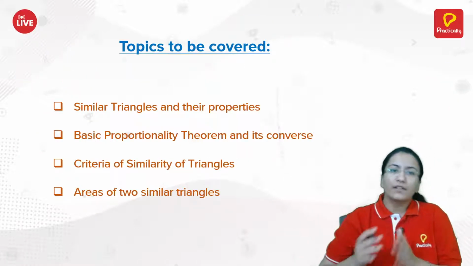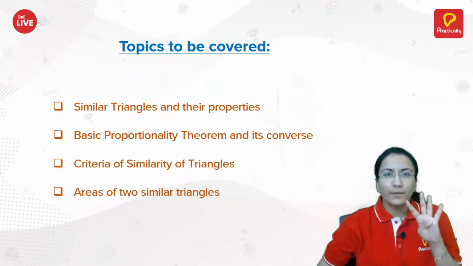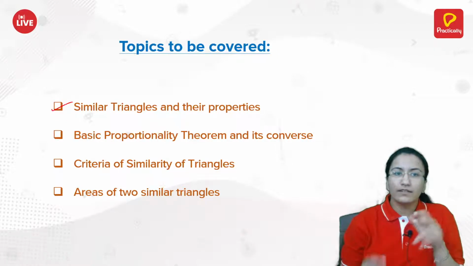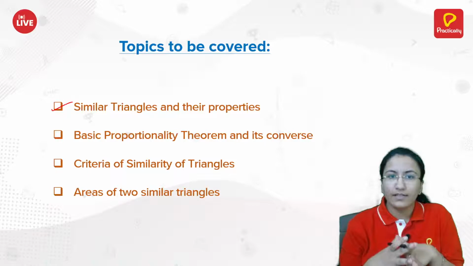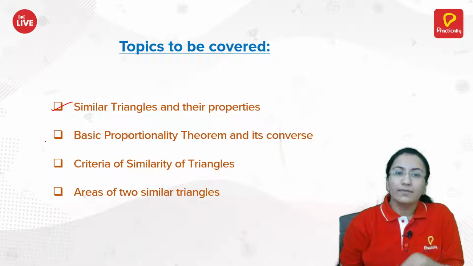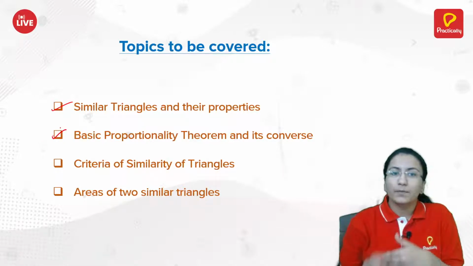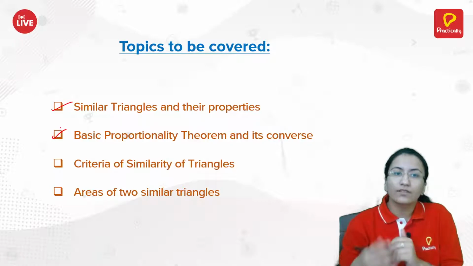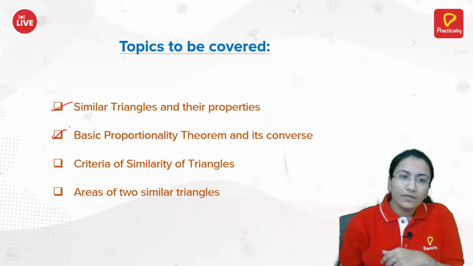In this chapter, we will be covering four major topics. Firstly, we will be understanding what similar triangles are, and we will discuss their properties. What properties are satisfied by triangles so that they can be called similar triangles. Next, we will be discussing the basic proportionality theorem and its converse. This is also the most important topic.